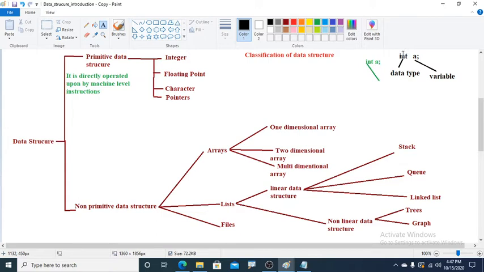Int means integer, and integer is a type of primitive data structure. So int is an example of a primitive data structure.